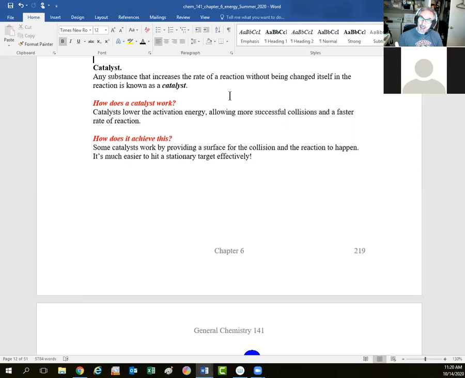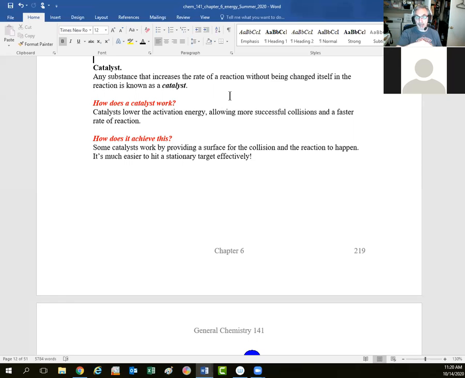Anyway, so the catalyst is unaffected by the reaction, and being the host means that it provides a surface for the reaction to occur. So most normally, another chemical comes in onto the surface of the catalyst, and it briefly becomes chemically bonded to the surface.